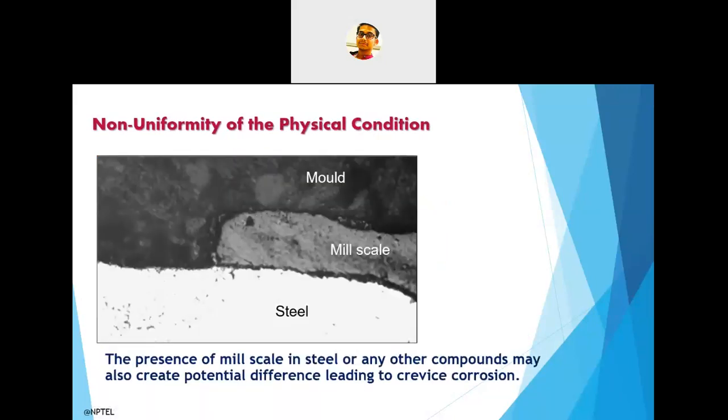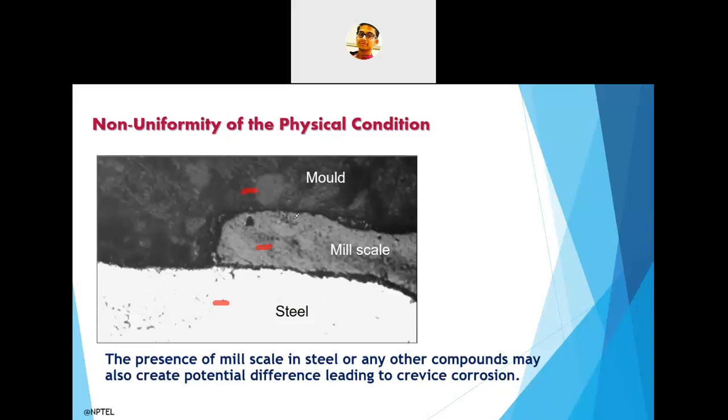Okay, now we'll see the non-uniformity of the physical condition. Here also the same thing happens. This is an example of the presence of mill scale. Suppose this is the steel, and this is the mill scale, and this is the mold.